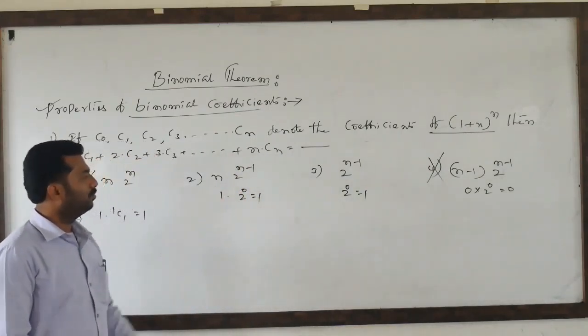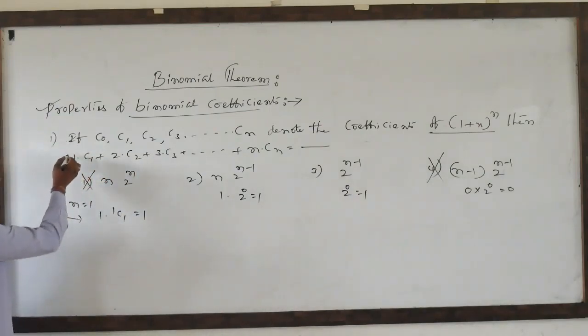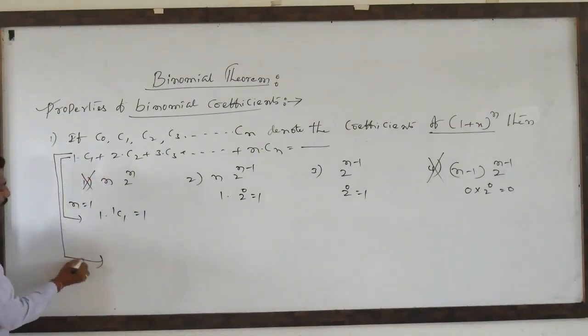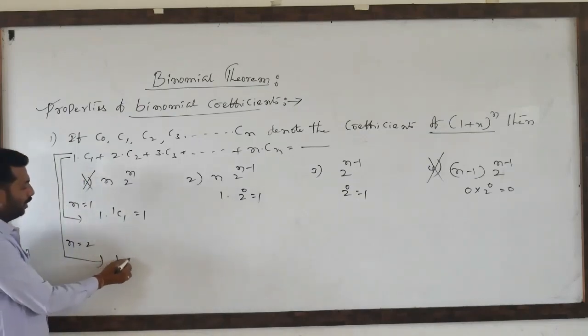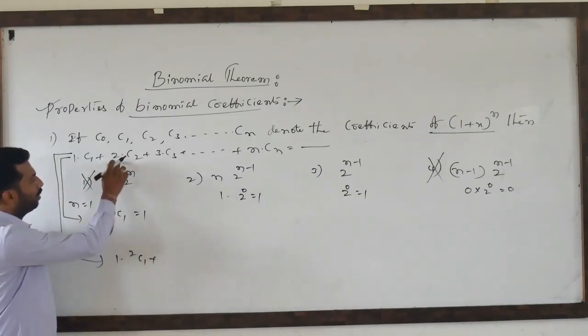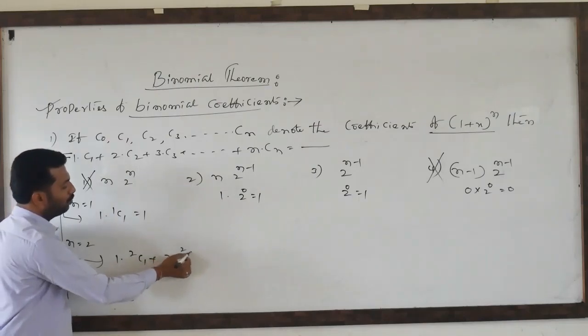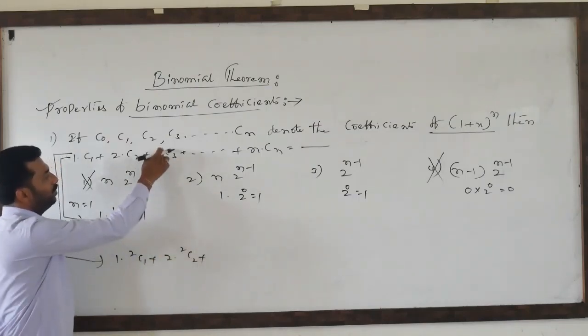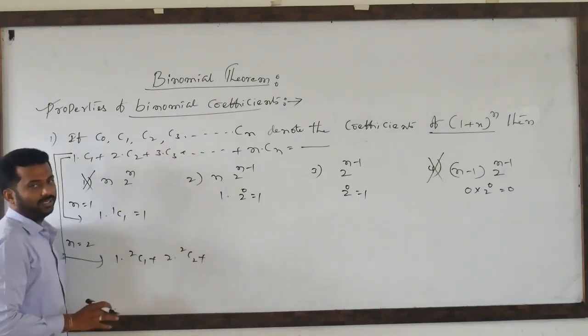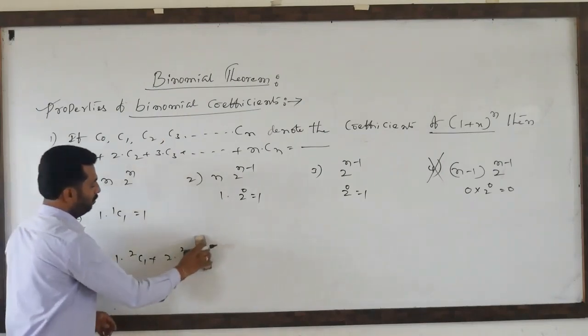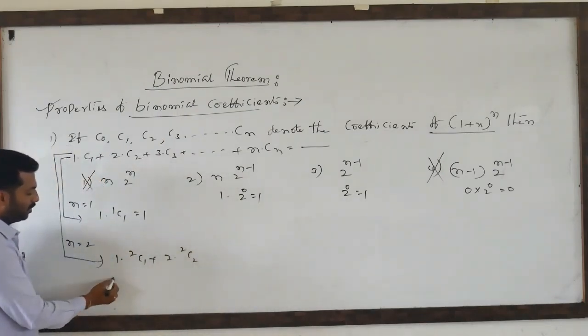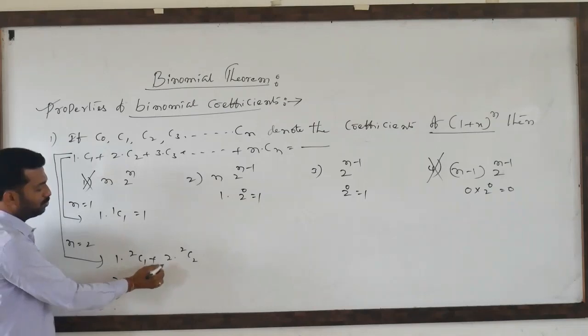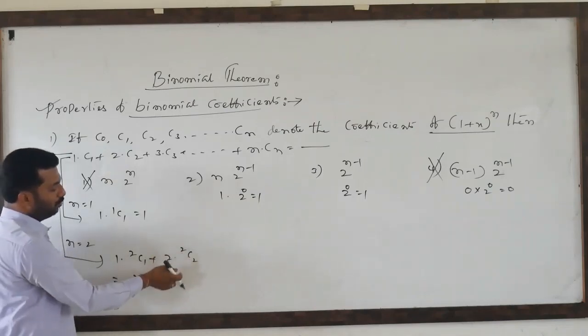Between these two, to find which one is correct, we again go through for n equal to 2. n equal to 2 means 1 into 2C1 plus 2 into 2C2. 3 into 2C3 we should not write, so we have to stop. 2C1 means 2, and 2C2 means 1.